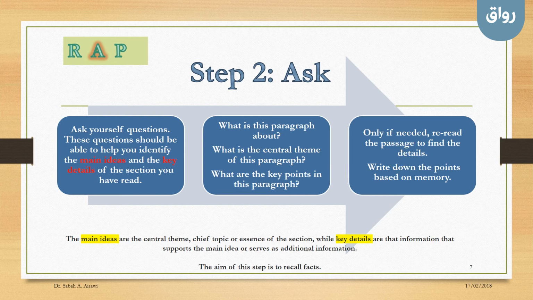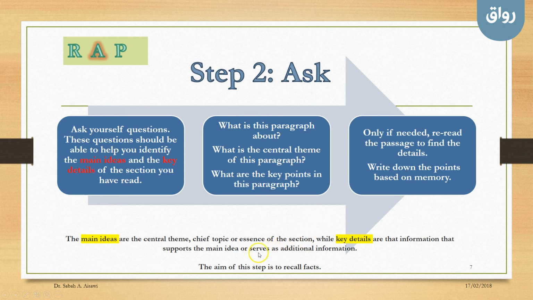On the contrary, if you do this stage well, that would mean you won't have any problems when you come to writing your ideas. So, when you figure out the main points, you need to write them down based on memory. This is an important point, and I will come back to it later.